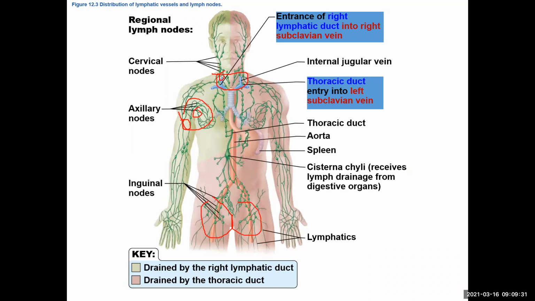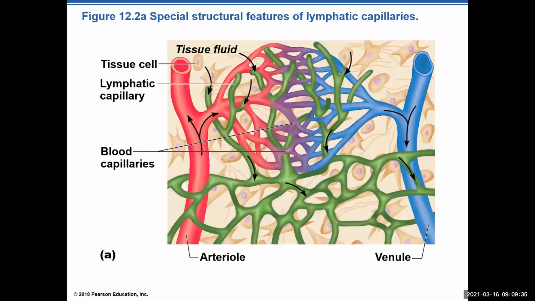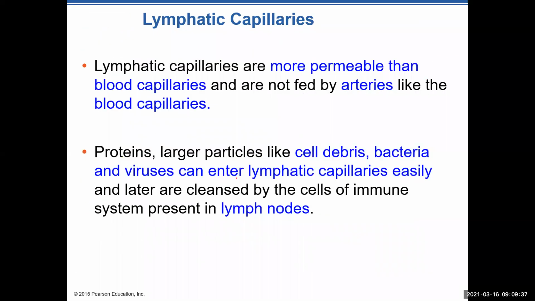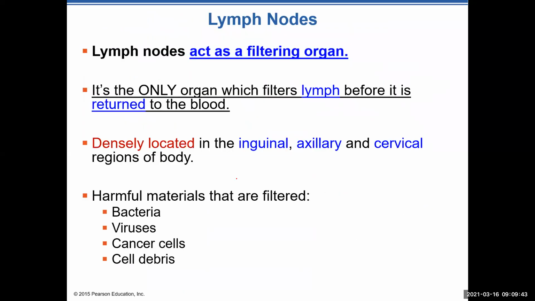Okay. Now let's try to understand the function of the lymph nodes and their structure, and what they are rich in. Lymph nodes, as I told you, are the only organs which can filter the lymph before it is returned to the body, right? So filtration means what?